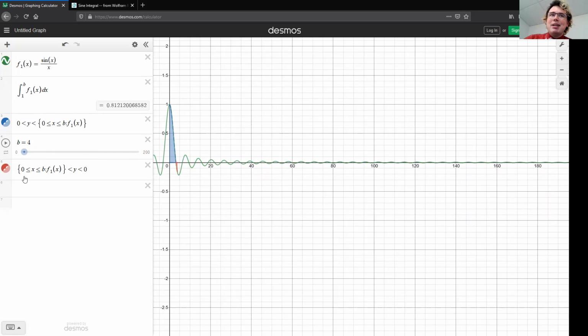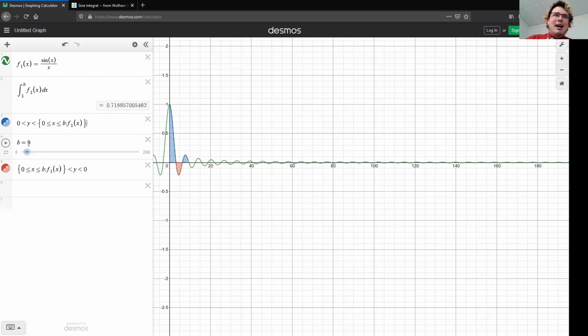So you can see in the picture that each of the humps is getting smaller and smaller as I go out on the x-axis. So I'm painting the blue area positive, I'm painting the red area negative. And as I go, look what happens on my numerical readout here.